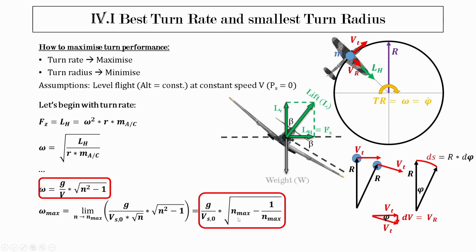But be mindful, if you drop your flaps too far down, you increase your drag. You might not be able to sustain the same load factor as you would if you did not use any flaps.